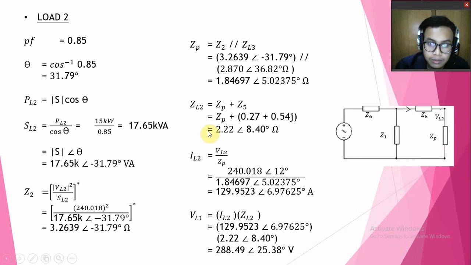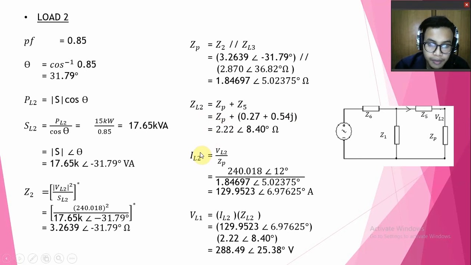So the next step, we must find the impedance of load 2 by adding the Z parallel with impedance 5. The parallel impedance must be added with impedance 5. So we will get the impedance of load 2.